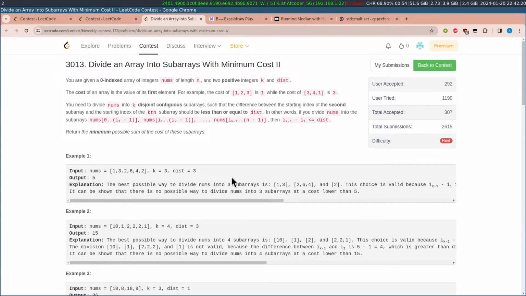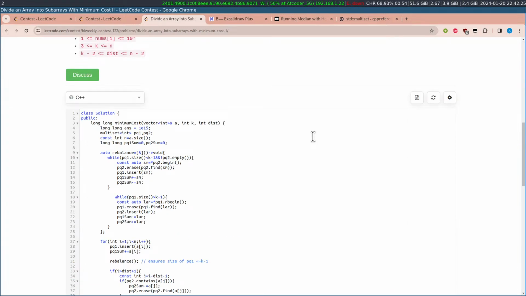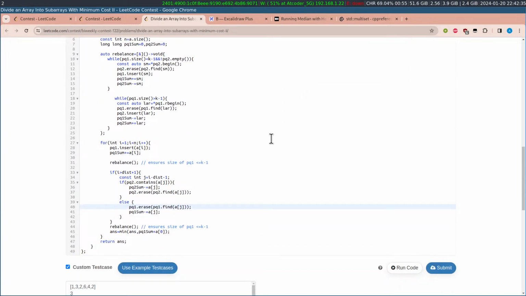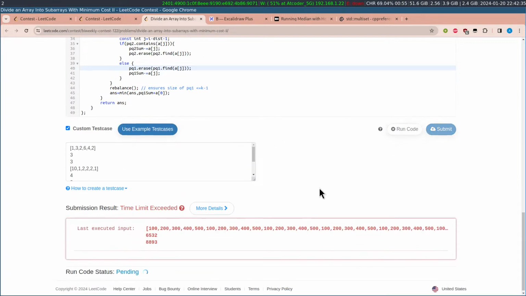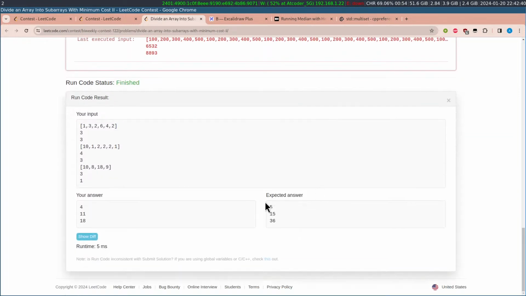Why is my answer wrong? It says my answer is 4, 11, 18, and the expected is 5, 14.